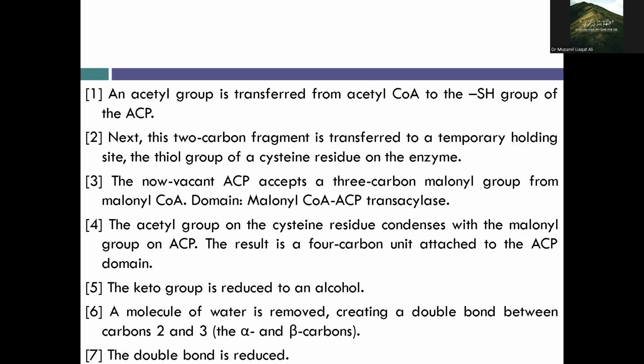The next reaction is the reduction, with NADPH going to NADP plus. And the next step is the dehydration. And the final step is the reduction again, NADPH to NADP plus. After 7 steps, the carbon chain is transferred back to cysteine and the cycle repeats, adding 2 more carbons each time using a new malonyl CoA, and after 7 cycles you get palmitate.